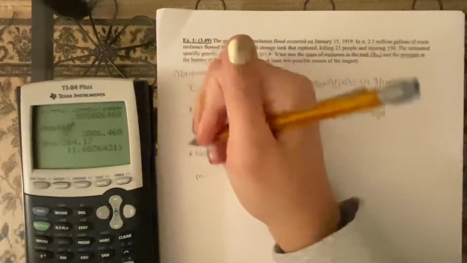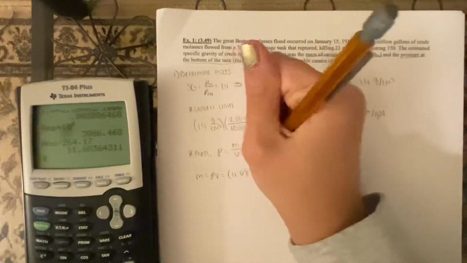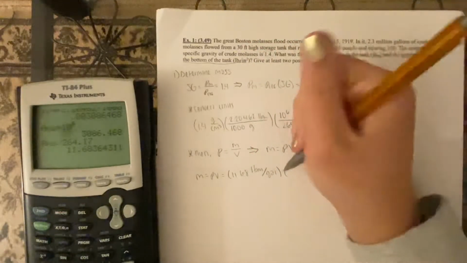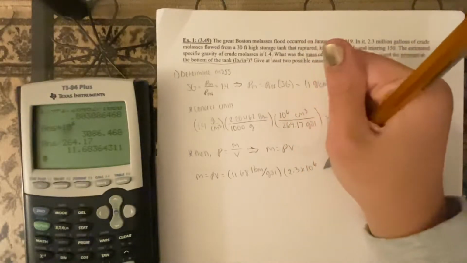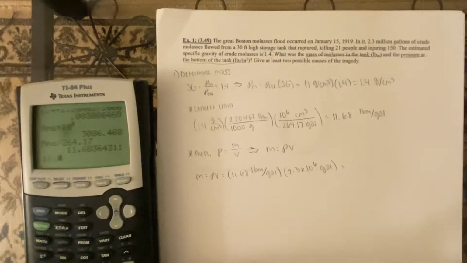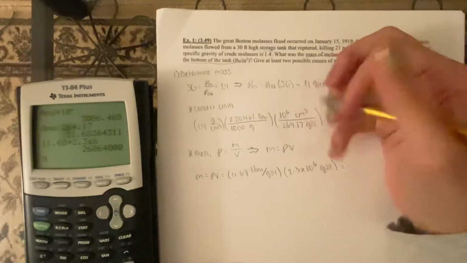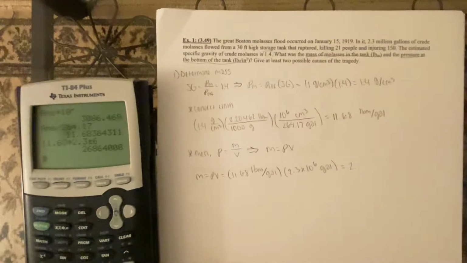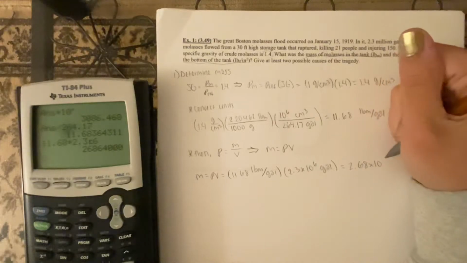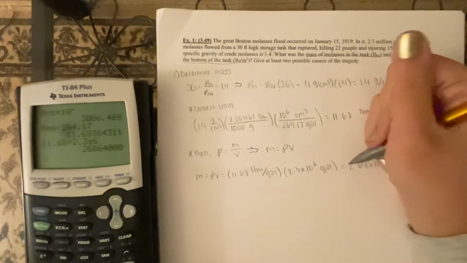So we plug in M is equal to rho V, which is equal to 11.68 pounds mass per gallon times 2.3 times 10 to the 6 gallons, and we get 2.68 times 10 to the 7th pound mass. So we solved part A.